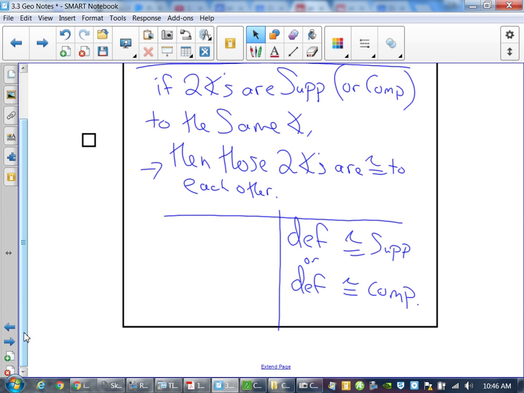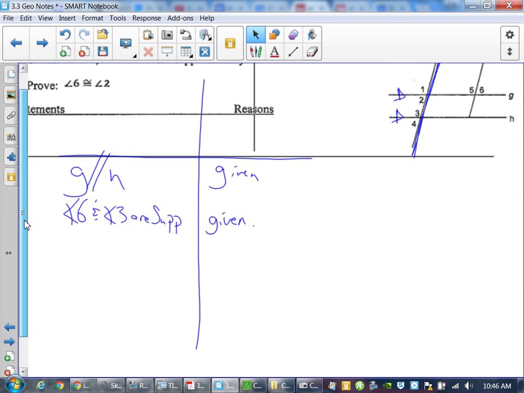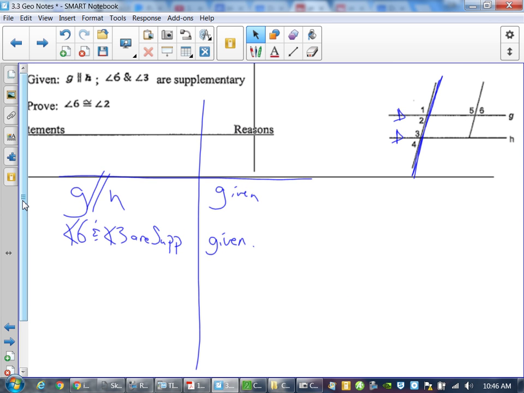All right, so going back to this then, if I look back at my parallel lines, do I have a set of angles between angles 1, 2, 3, and 4 that are supplementary? Which ones? Not all of them, but I have 2 and 3. I can say that angle 2 and 3 are supplementary because they're consecutive interiors.